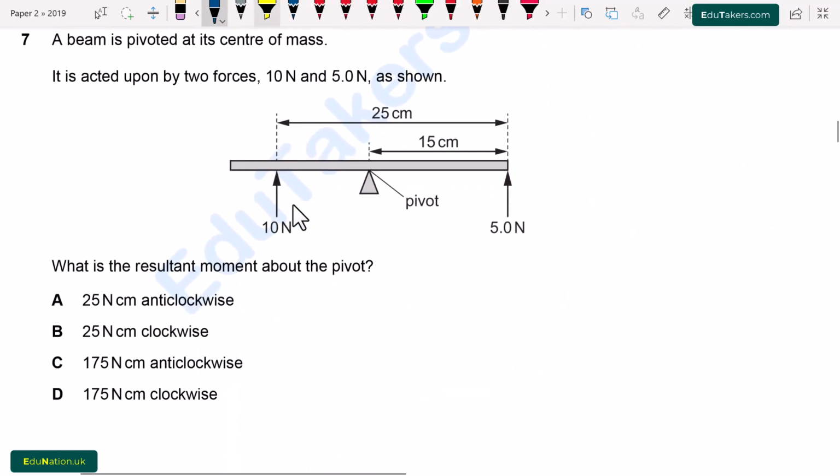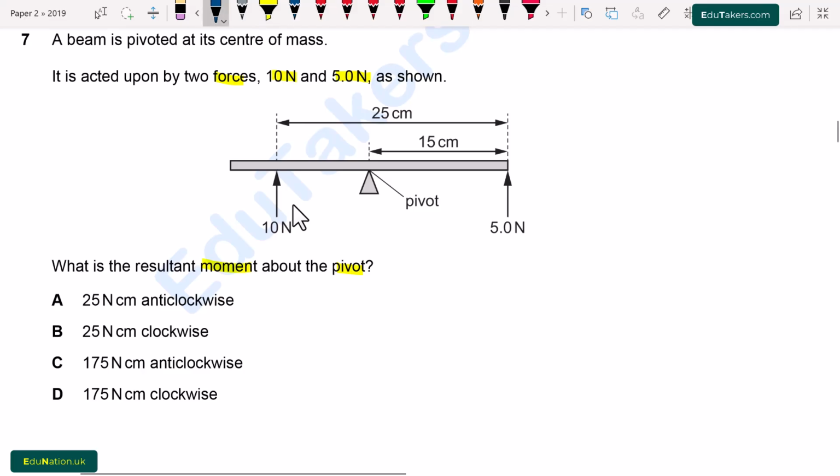Question number 7. A beam is pivoted at its center of mass. It is acted upon by two forces, 10 Newton and 5.0 Newton as shown. What is the resultant moment about the pivot? Here we have to find out the resultant moment. Resultant moment will be the net of total clockwise moment and anti-clockwise moment.